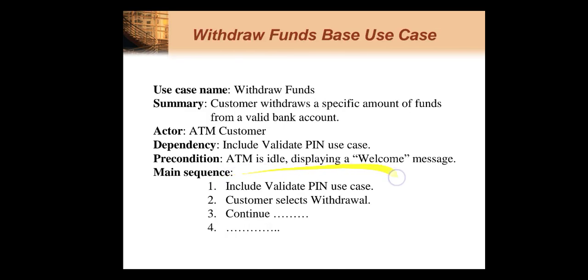So all 8 steps of the validate PIN use case are included here, and then we move to the selection of withdraw, and then we write the next steps in the main sequence. After the main sequence you can write the alternate sequence. In this way you can describe the base use case and the inclusion use case.